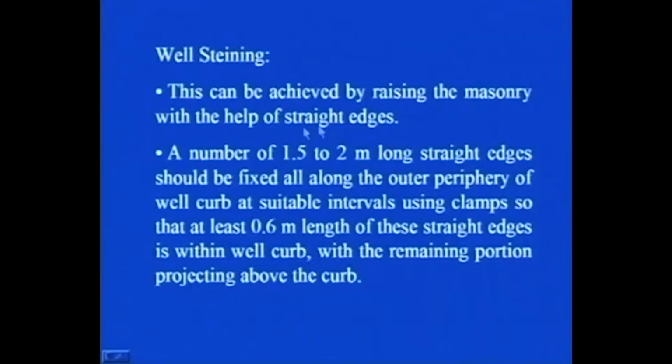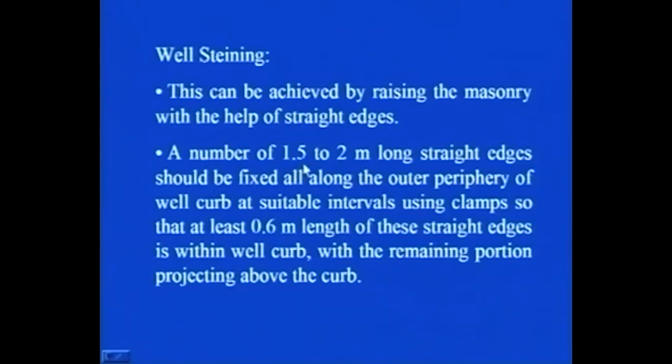Then we have to keep in mind that the masonry or the concreting being laid in the well steining has to be perfectly vertical and in line. This can be achieved by raising the masonry with the help of straight edges. When you raise the steining with the help of straight edges, the verticality of the well steining can be taken into account.